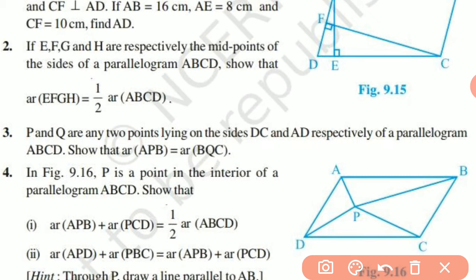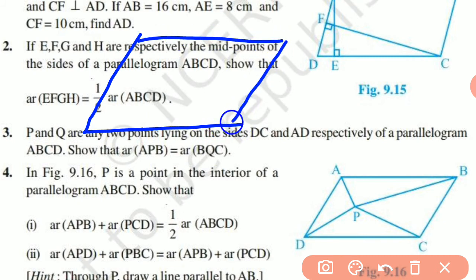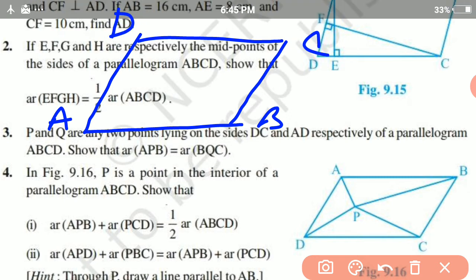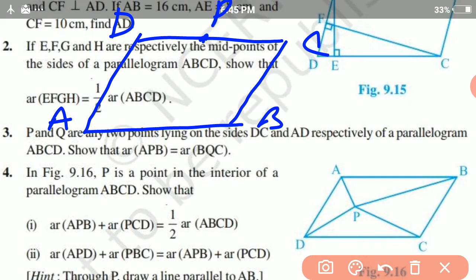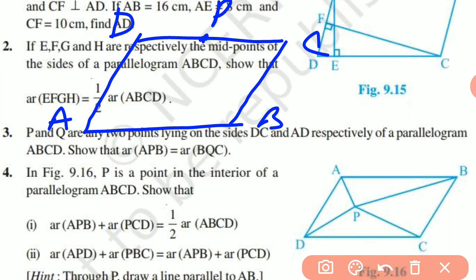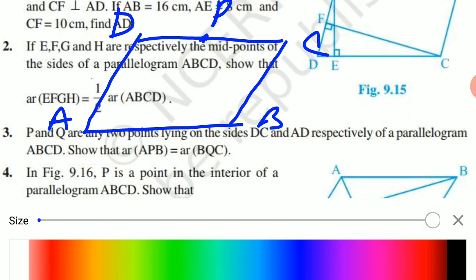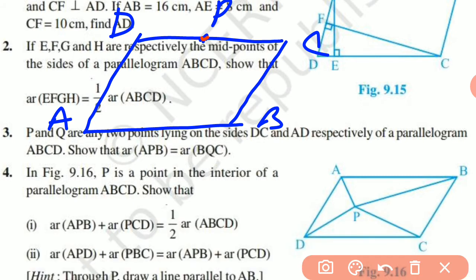It means suppose a parallelogram ABCD, this is a parallelogram ABCD, and P is a point on DC, this point is P, and this point Q is on AD.